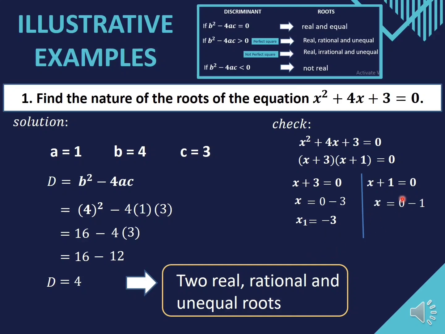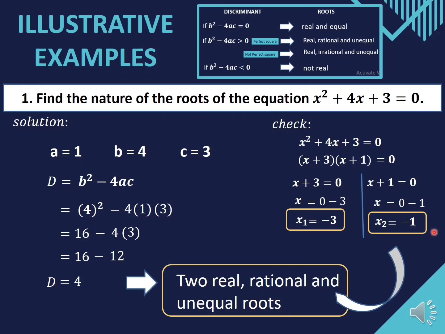Here, it is 0 minus 1, and that is negative 1. So, negative 3 and negative 1 are 2 real numbers, and they are both rational numbers and unequal roots. Meaning to say, the nature of the roots, even if we only have the discriminant, is correct.